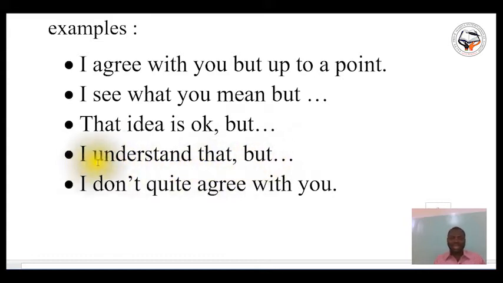For example, I understand that you love me, but I cannot accept it. I don't quite agree with you. Here are expressions to show partial agreement.